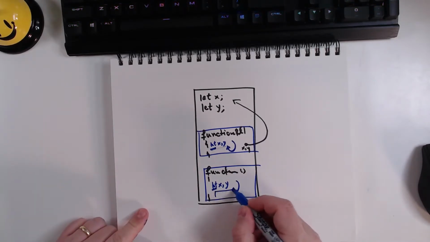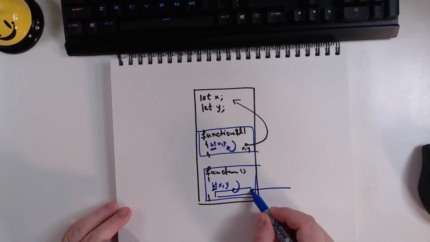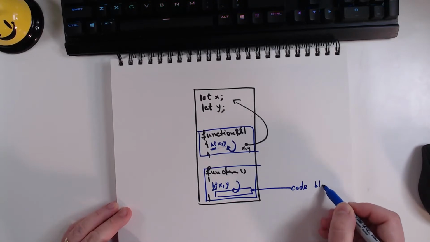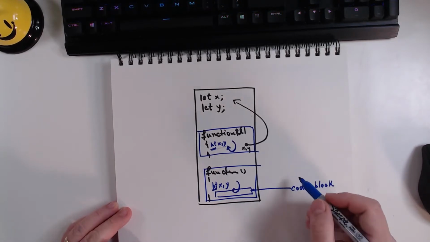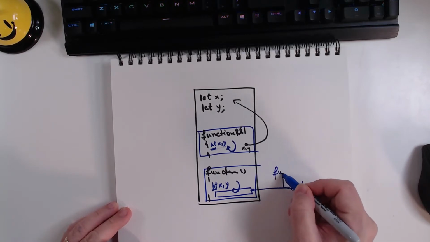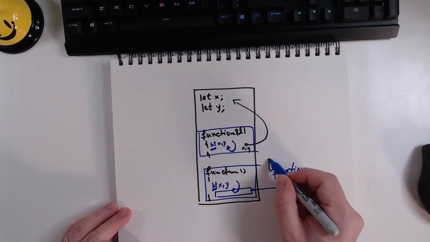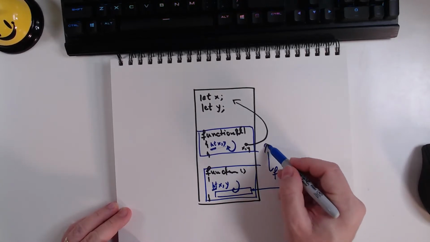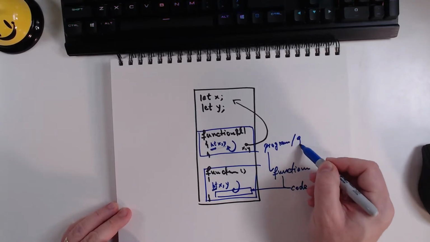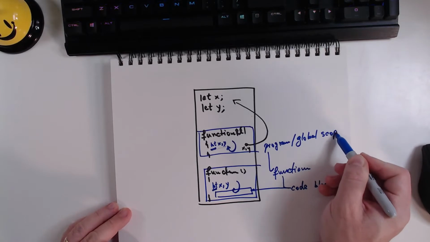And there is another level here, which is a code block. So this function perhaps has a for code block. So this is the code block. And the code block is inside the function. And the function is basically inside the, let's say, program. I'm saying here program or global scope.